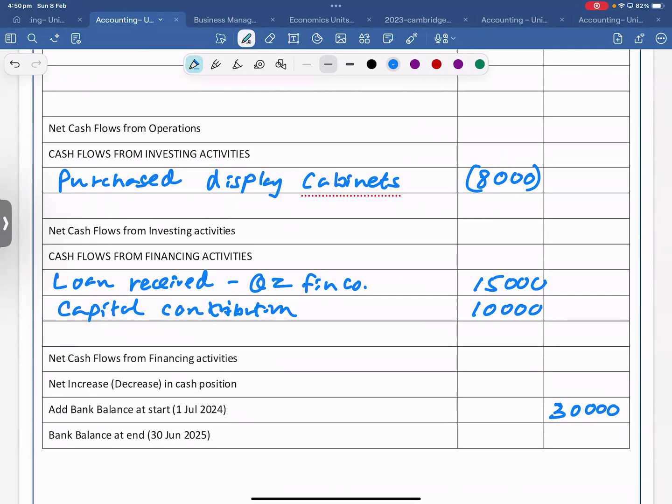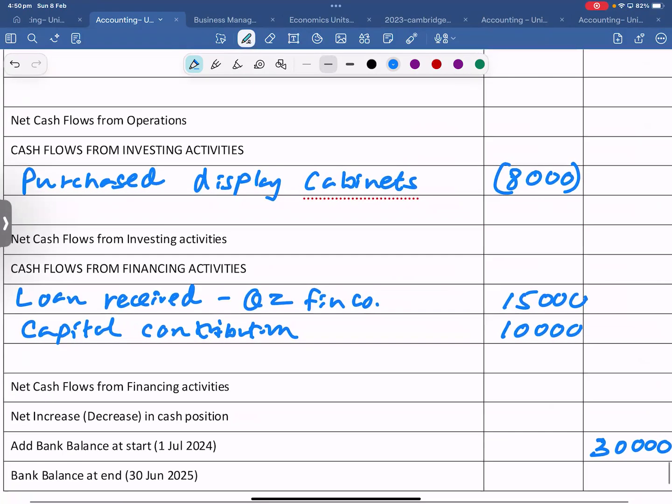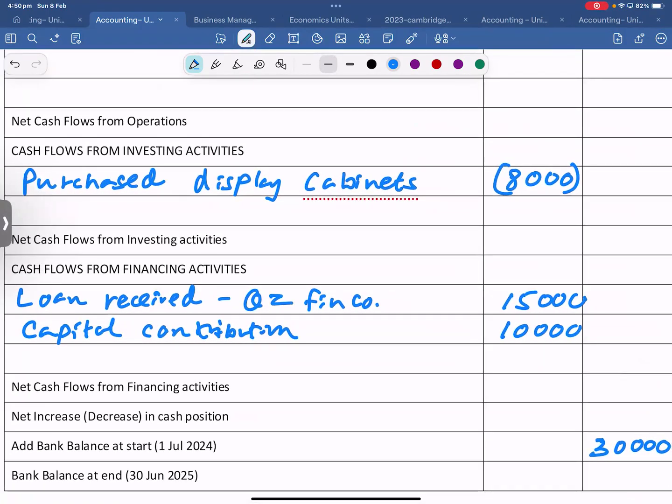Any other? It's not cash. So do we record it here? No. We don't record it here, okay? Why? Because it's not cash. Right?